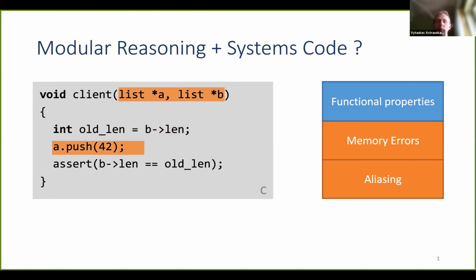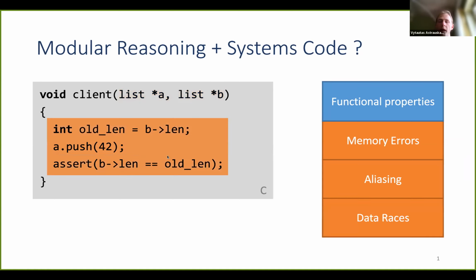Another point is that we need to make sure that A and B are disjoint, because it could be that one of them is a sublist of the other, or they are, for example, aliases, and then this assertion would also fail. And if we are in a concurrent setting, we would also need to guarantee that we have no data races.